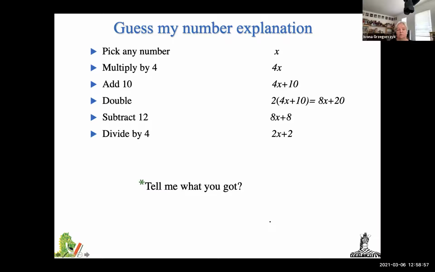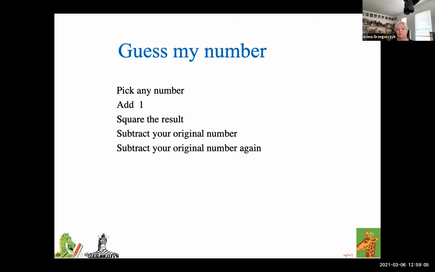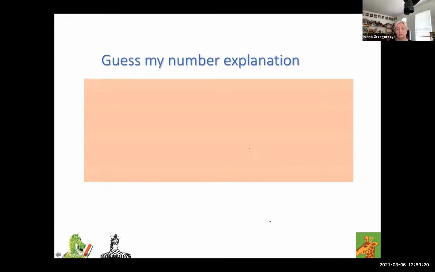So, my warning is you can pick up any formula that you want to do your trick. For example, you can practice doing squares. Pick any number, add 1, square the result, subtract your original number, subtract your original number again. So how does that work? You pick a number, it's x.